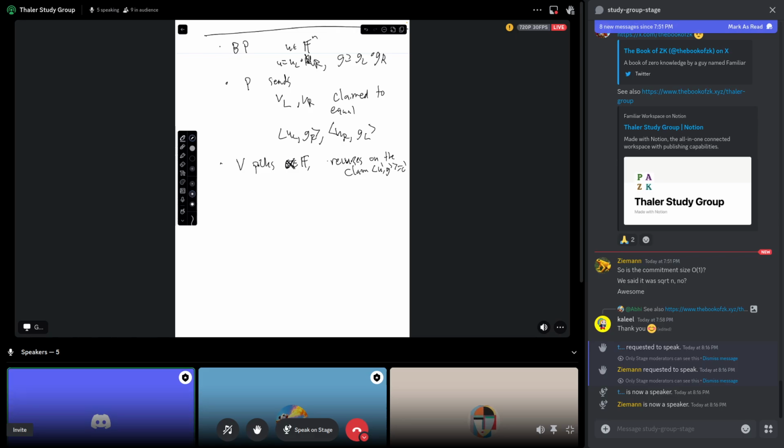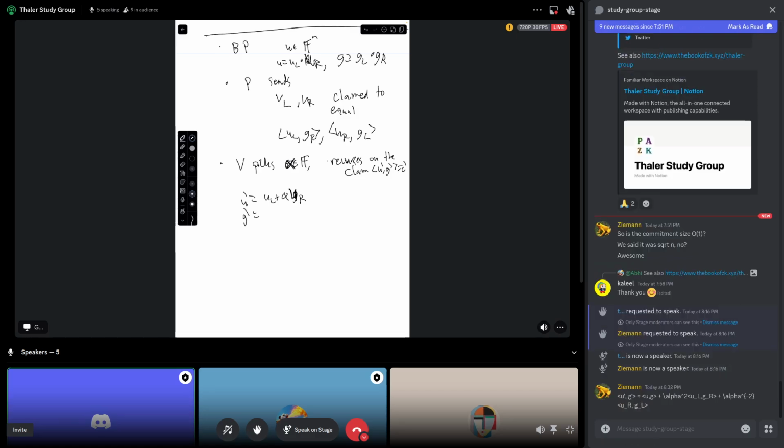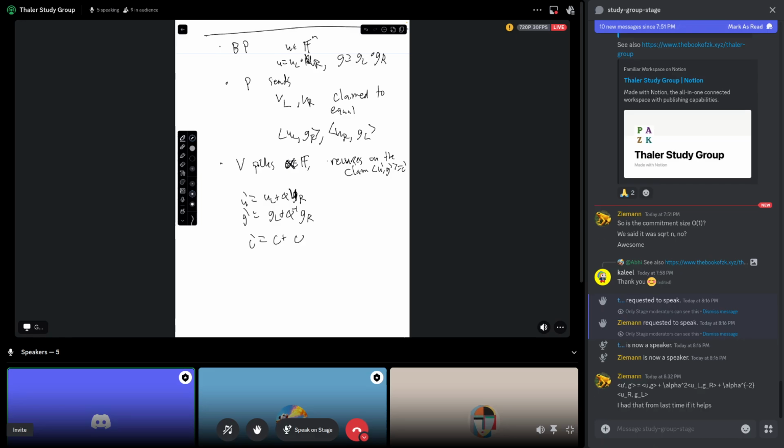U prime is UL plus alpha UR. G prime is GL plus alpha inverse GR. And C prime is the original C plus alpha squared VL plus alpha to the minus 2 VR. I think I got this right.